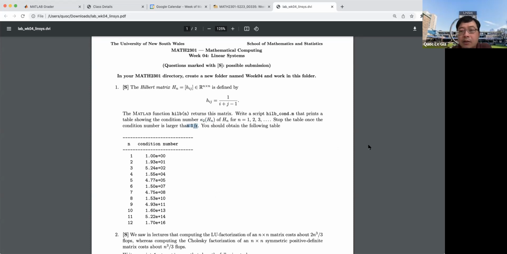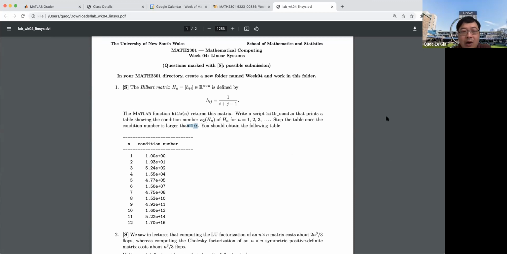So who has done this in MATLAB Grader? Please share your code in the chat box. Anyone? Have you done this? No one? At least some of you have done this, I saw many people have done it on MATLAB Grader.